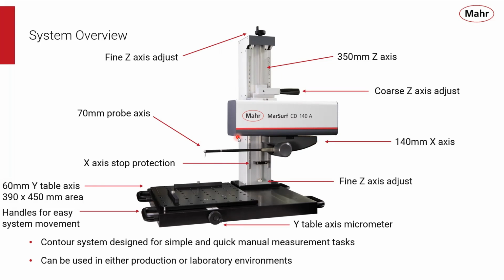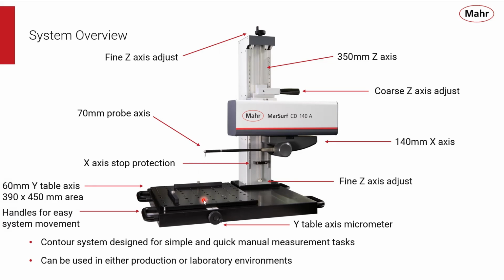You've got a 140 millimeter measuring X-axis and a 70 millimeter probe axis. Also on the machine is a table plate. You've got a micrometer in the front of the machine that moves this table plate in and out so that you can find the high points or low points of your samples to make sure that you are coincident with the drive unit.